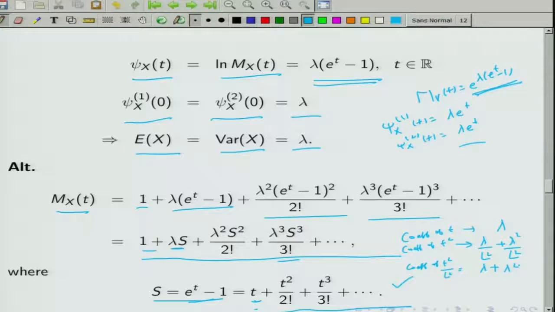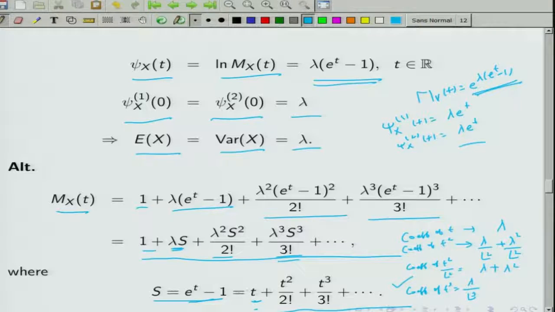Now similarly one can get the coefficient of t cube by factorial 3. Note that t cube would come from the first term, the second term and the third term. The first term, the coefficient of t cube is nothing but lambda by factorial 3. From the second one, it is s square. So s square would make it t square, t to the power 4.